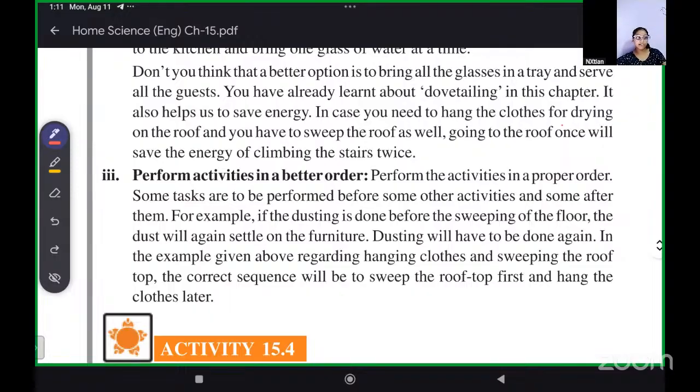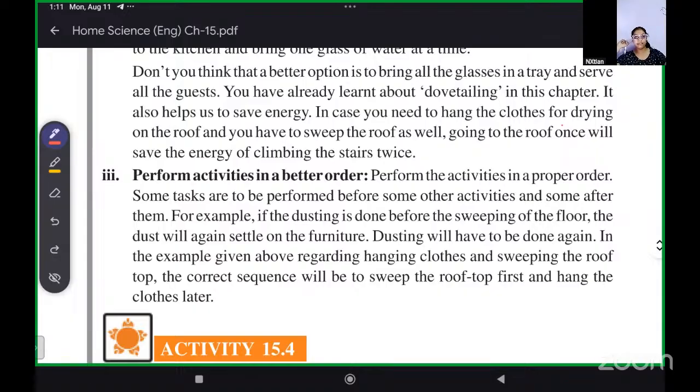So right after I finish my class, I do my cleaning and then take the stuff down. I don't have to take my class, go down, bring the broom, come up, broom it, keep the broom down, go down, bring the cleaning cloth. Not that many rounds.